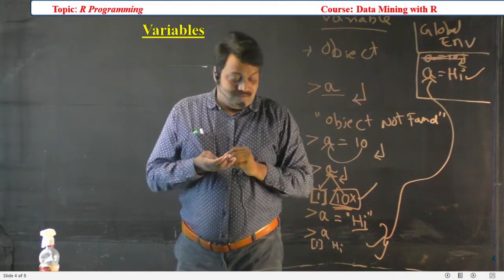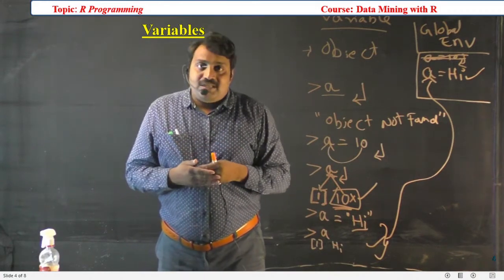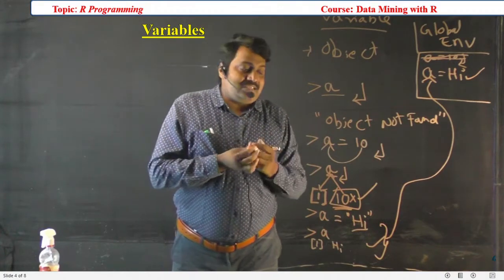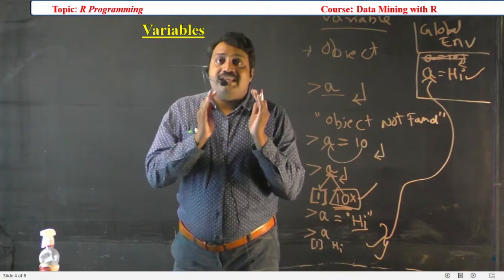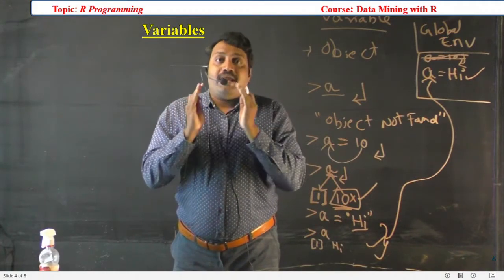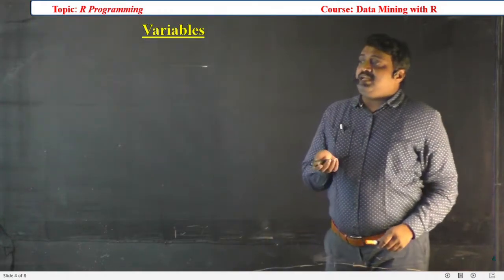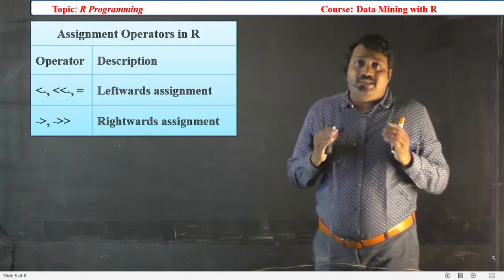Okay, let's see some of the assignment operators, how we are going to assign a value. Generally we use the equal symbol as the assignment operator, assigning some value to the object. In R, what are the different assignment operators? As previously we observed the variable declaration, now let's see various operators.